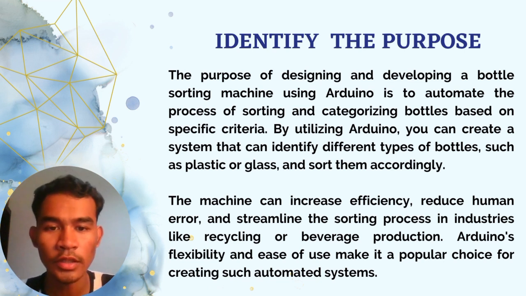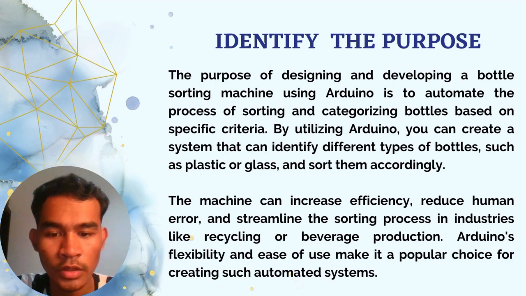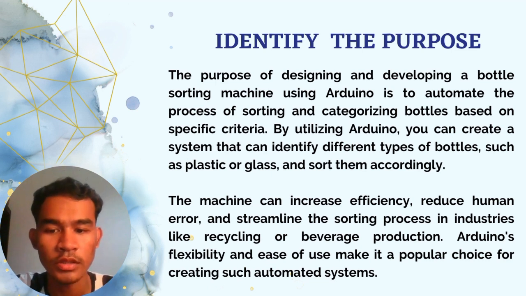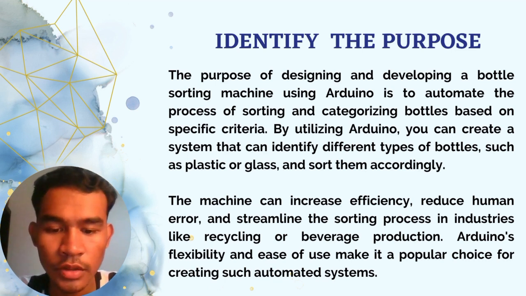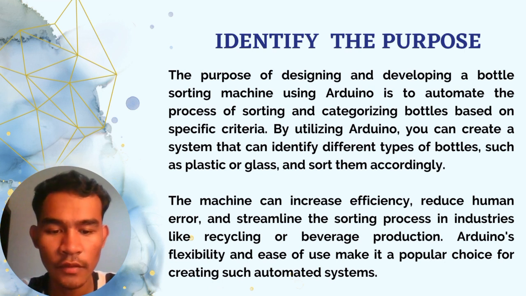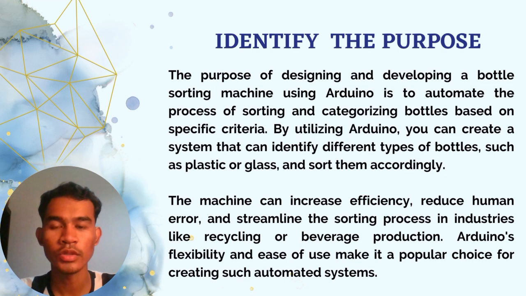The machine can increase efficiency, reduce human error, and streamline the sorting process in industries like recycling or beverage production. Arduino's flexibility and ease of use make it a popular choice for creating such automated systems. Overall, the objective is to create a bottle sorting machine using Arduino that optimizes efficiency, accuracy, and flexibility while reducing cost and manual effort in the sorting process.